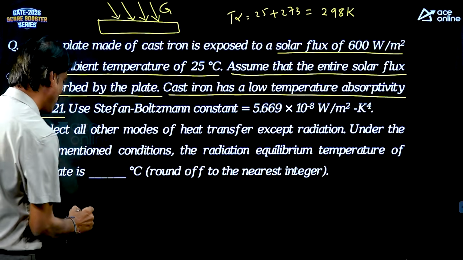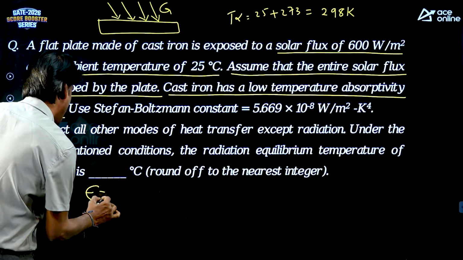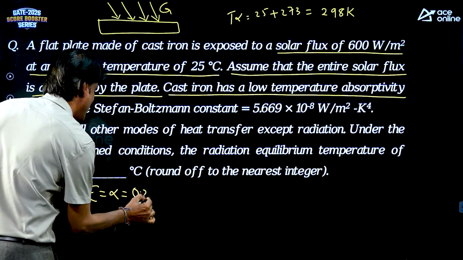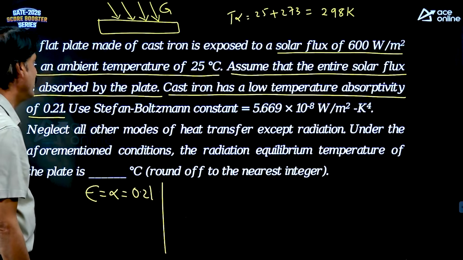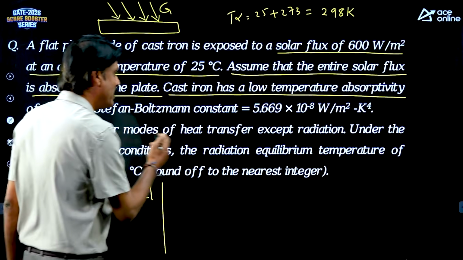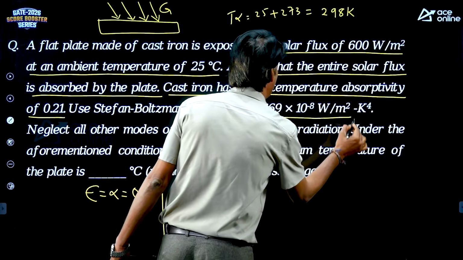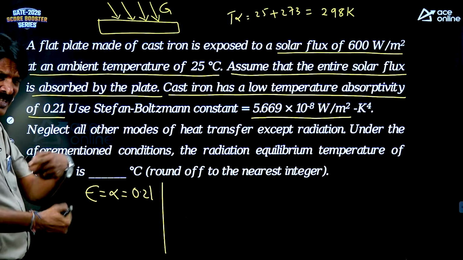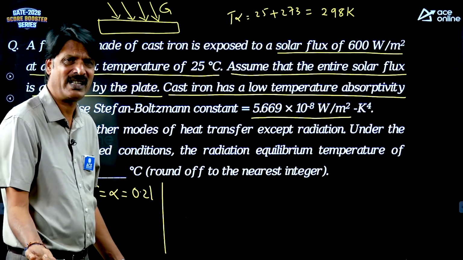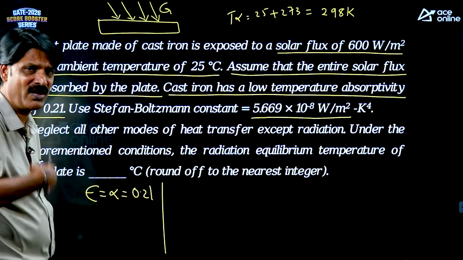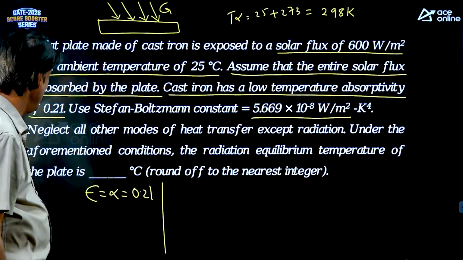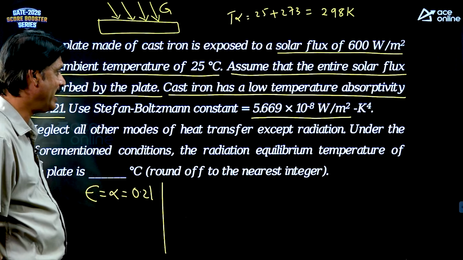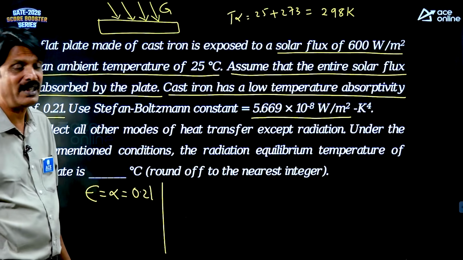As per Kirchhoff's law, emissivity is equal to absorptivity. So, this is having 0.21 emissivity. Use Stefan-Boltzmann constant 5.669 into 10 power minus 8. Neglect all other modes of heat transfer. That means it's asking you to neglect convective effects on the top surface of the plate. Under aforementioned conditions, radiation equilibrium temperature of the plate is.